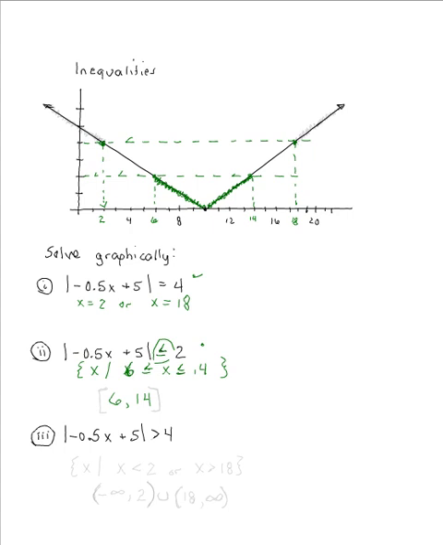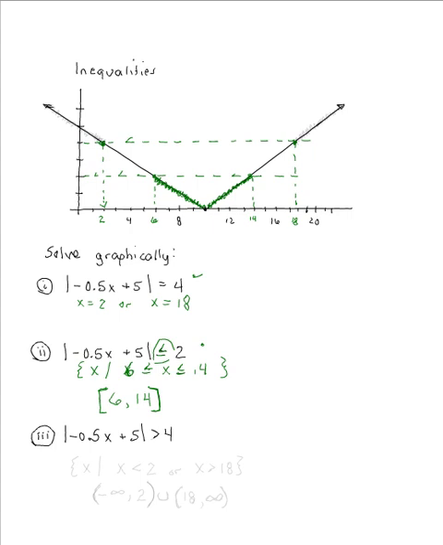Because we do have less than or equal to, we will have our bracket on the 6 denoting that 6 is included, and the same bracket on the 14 denoting that it is also equal to at 14.